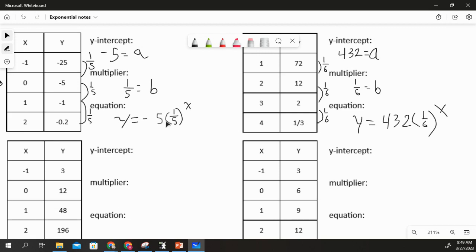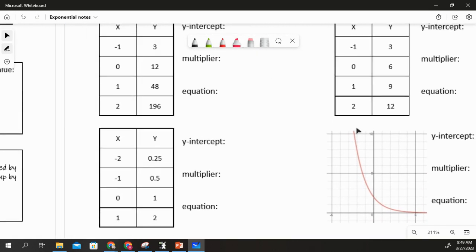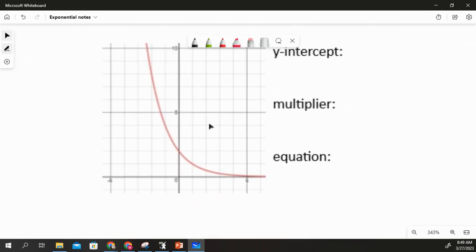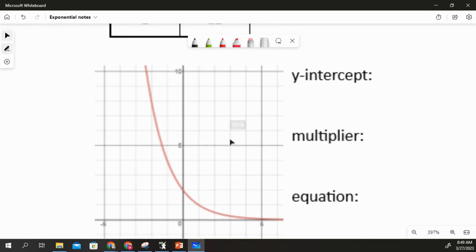Now I'm gonna leave another couple chart ones for you, but let's talk about this one over here. Now, this one here, you might be wondering, how am I gonna actually go through and deal with this? For this, let's just get our best possible guesses here, okay? Let's not freak out too much.